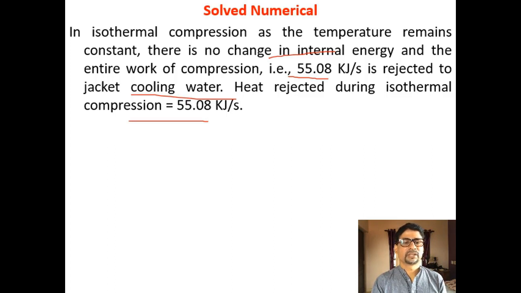So you have to use the first law equation, dQ is equal to dU plus W, where dU is nothing but the change in internal energy. So dU is nothing but m Cv dT, right? Now for isothermal process, temperature remains constant, that means dT is 0.